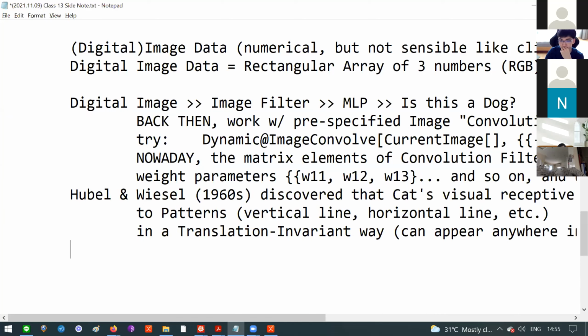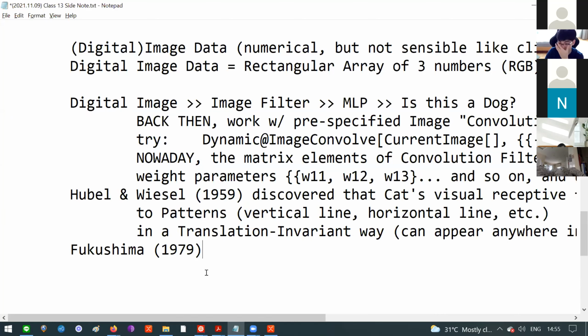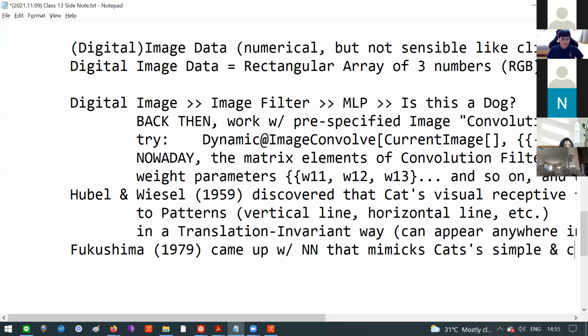Complex is like pooling a whole bunch of convolutional neurons together. So the innovation was Fukushima. I think it's 79. This one is 58. He came up with a neural network that mimics simple and complex cells.